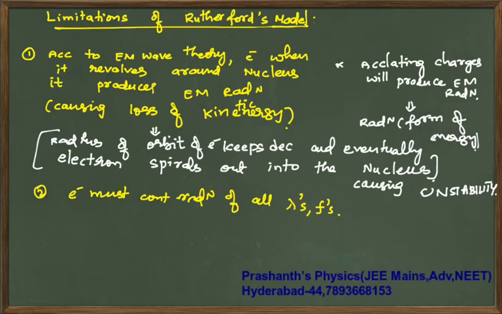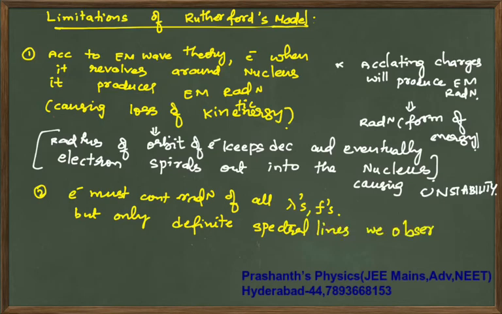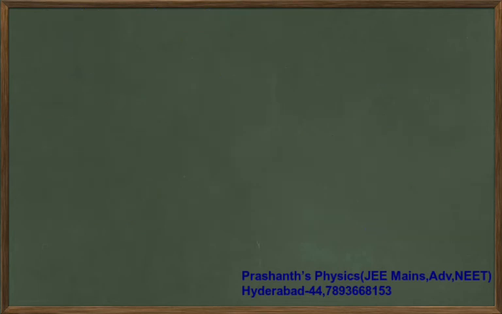But only definite spectral lines were observed. This also Rutherford's model failed to explain. So to overcome this problem, Bohr's model came into existence.